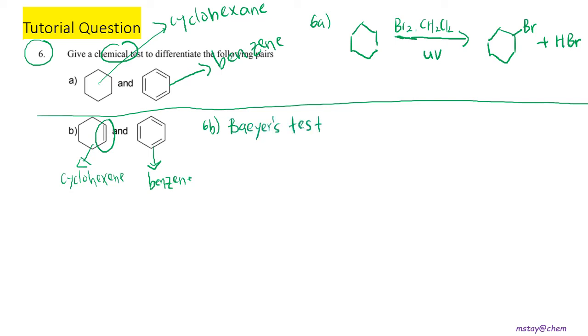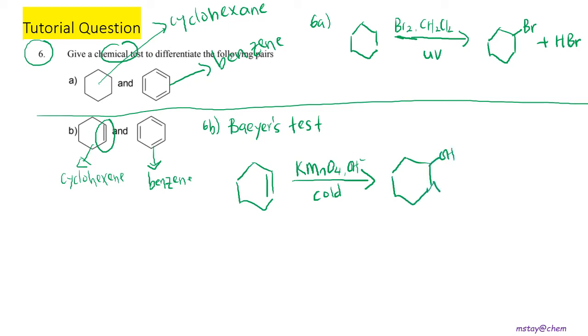If we use the Bayer test, the cyclohexene will show changes, which means it is showing a positive result. So we are going to use cold alkaline KMnO4 and then we will produce a diol in the presence of MnO2, which is a precipitate.